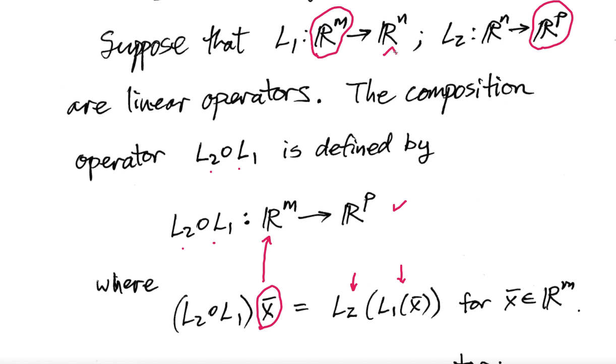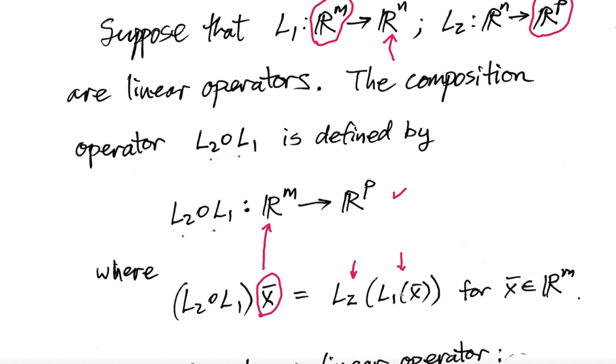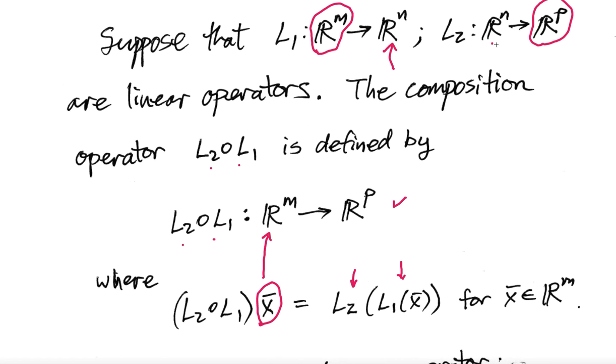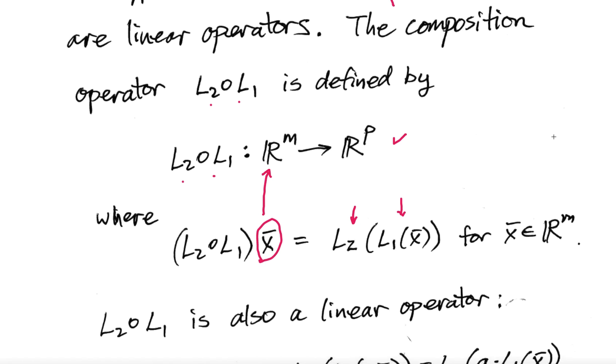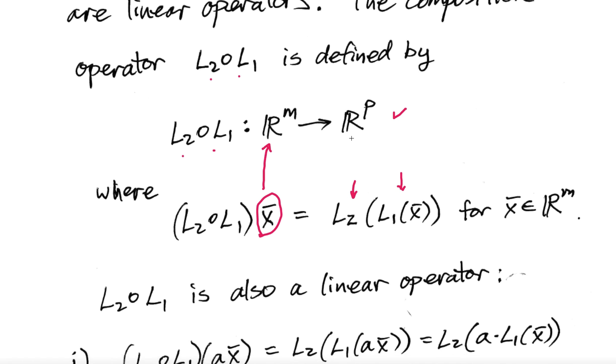A vector in R^n. Then that vector from R^n drops into L2, and what pops out is a vector from R^p. So that's why it ultimately goes from R^m to R^p. That's all we mean by the composition.